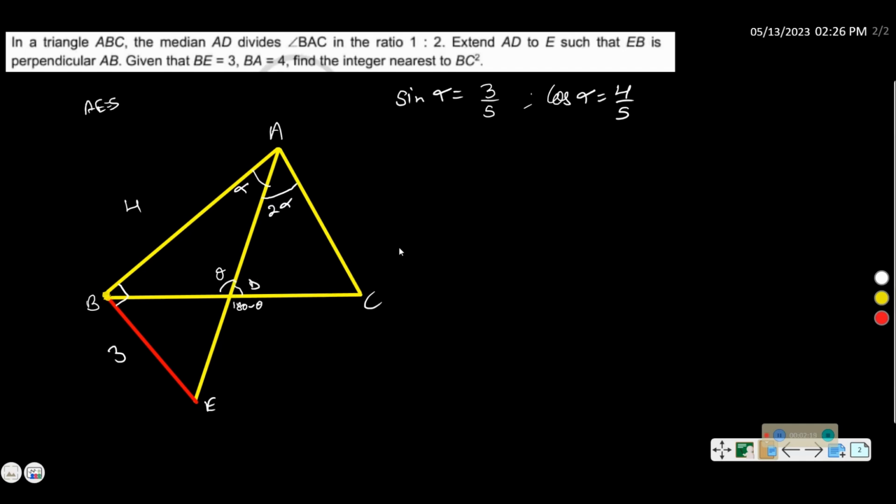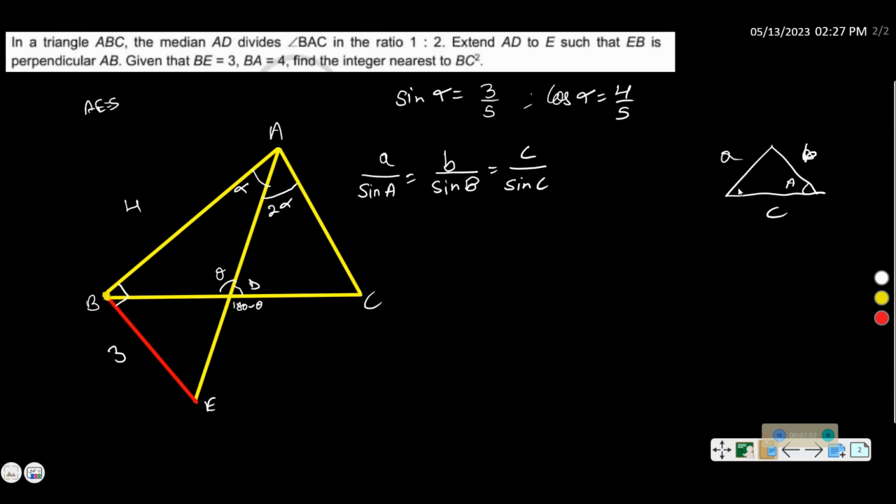Okay, now moving on, we can also say that by sine rule, I hope you know sine rule, that a by sine A equals b by sine B equals c by sine C, in a triangle ABC where this angle would be A, this angle would be B, and this angle would be C, the opposite angles.